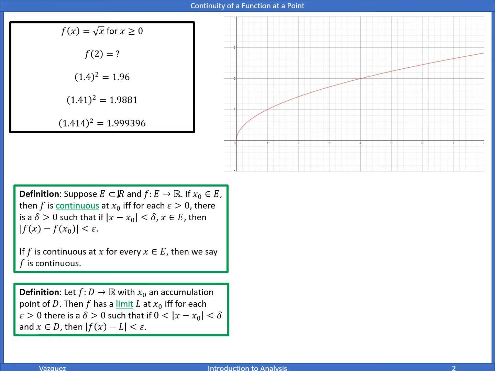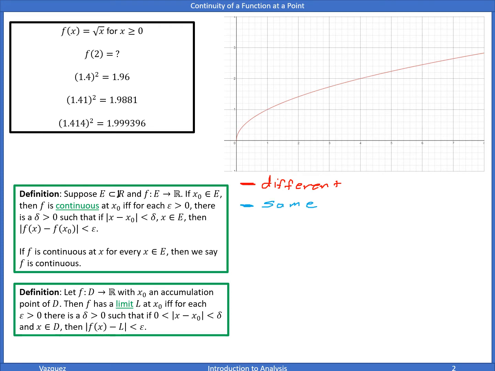So what I really wanted to do is compare both of these definitions. What is different? What's the same? Well, I'll do red for what is different, and in blue, what is the same.